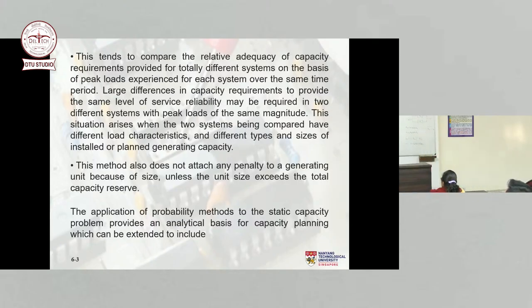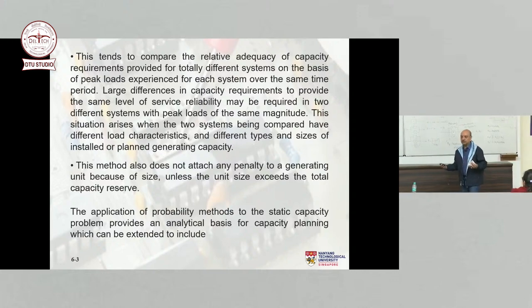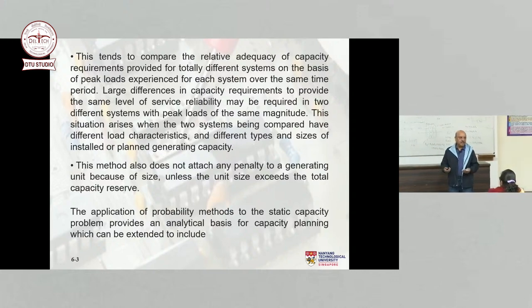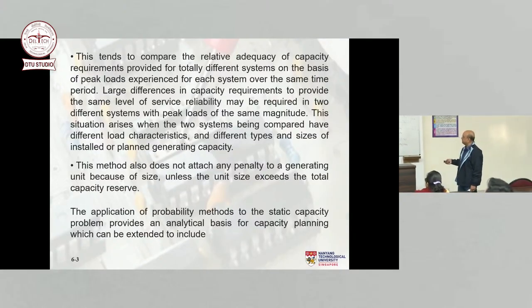If a system has 10,000 megawatt load, you say 10% reserve. Another system has 100,000 megawatt load, you say 10% reserve. What's the basis? Do we know the load profile? Do we know the generation profile? Do we know the forced outage rates of generators, the unavailabilities of generators? We don't know. So this percentage reserve method should not be used when we do probabilistic or stochastic planning.